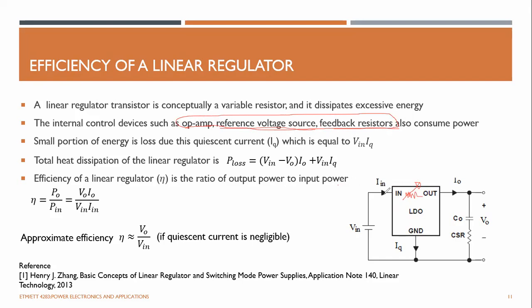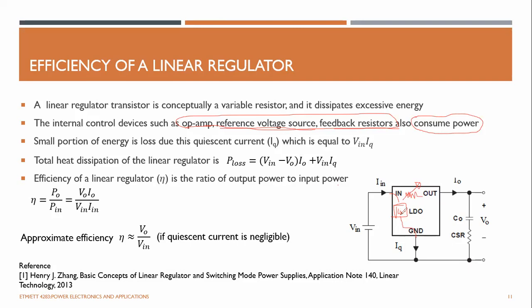It takes power from whatever current comes in, and is connected to this ground pin. So this internal circuit, consisting of these devices, will consume power, right? That also counts as energy loss, because the lower this quiescent current is, which means your control circuit consumes the lowest current, the more efficient your system is.